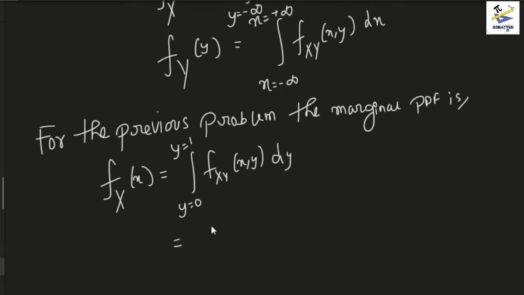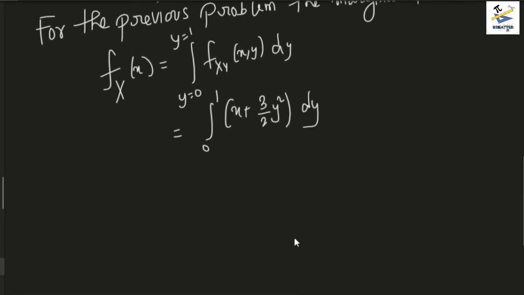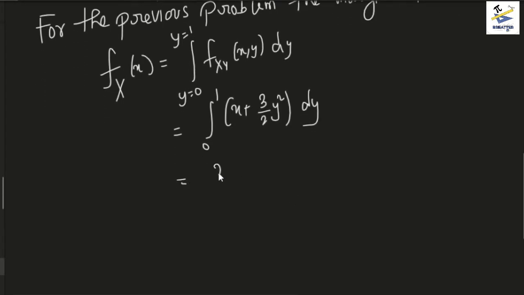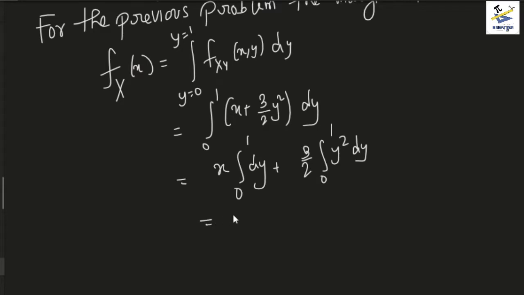So therefore, now this would become x plus 3 by 2 into 1 by 3, and this would become x plus half, right?